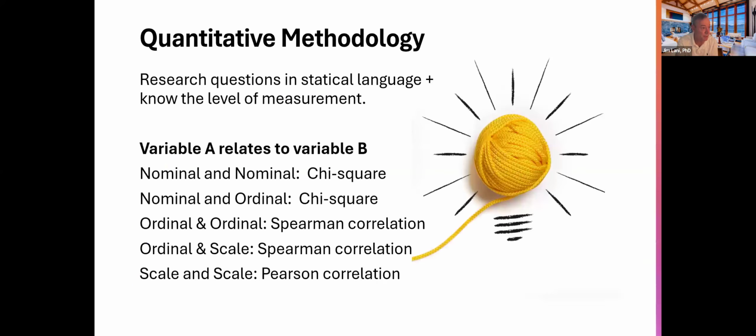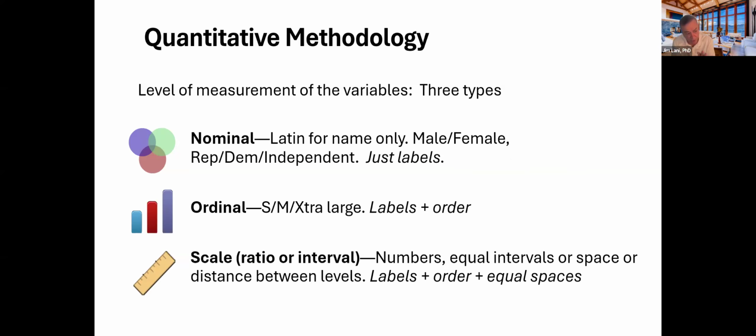And I'll just say a quick note about ordinal and scale. People can get hung up, and there's still conversation going on about whether a Likert type item is ordinal or scale level of measurement.